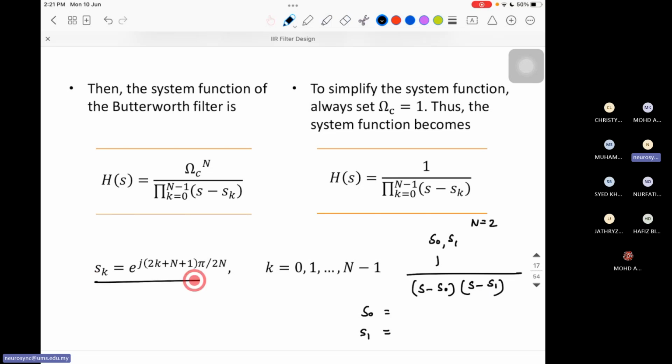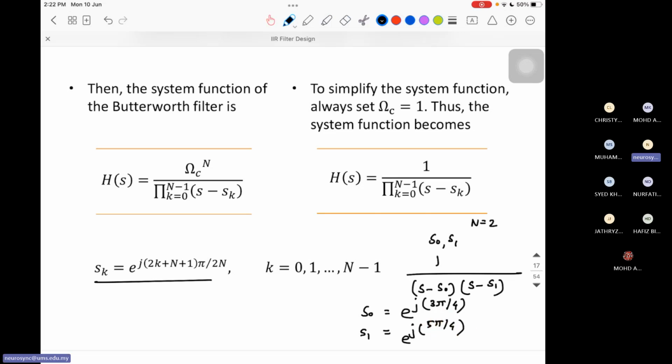With this formula. Okay, so e to the power j, this is k equal to 0, so n is equal to 2, so 2 plus 1 is 3, pi divided by 4. Correct? And what is S1? S1 is e to the power j, this is 2 plus 2 plus 1, that is 5 pi divided by 4.